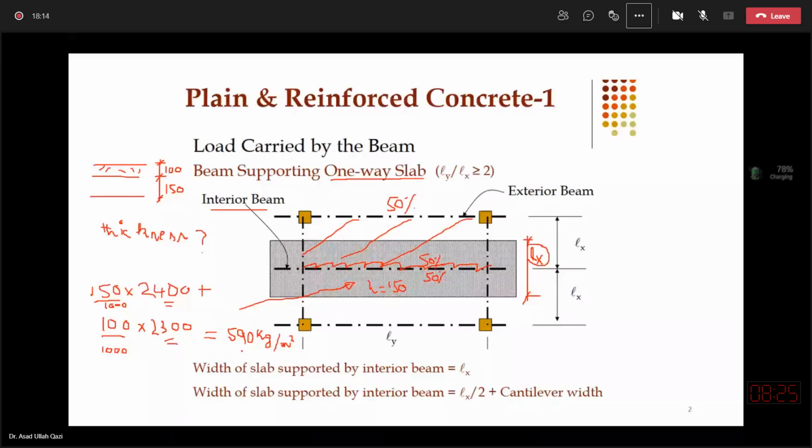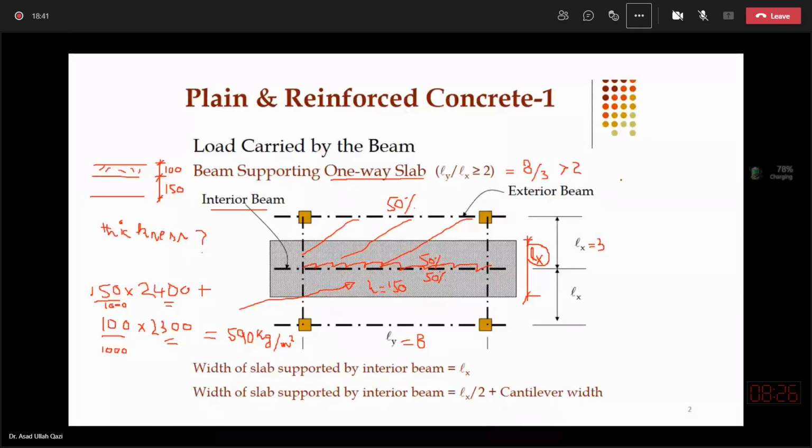Just for sake of discussion, let's assume Lx is 3 meter and Ly is 8 meter. So the Ly over Lx ratio will come out to be 8/3, which is greater than 2. So it is a one-way slab.